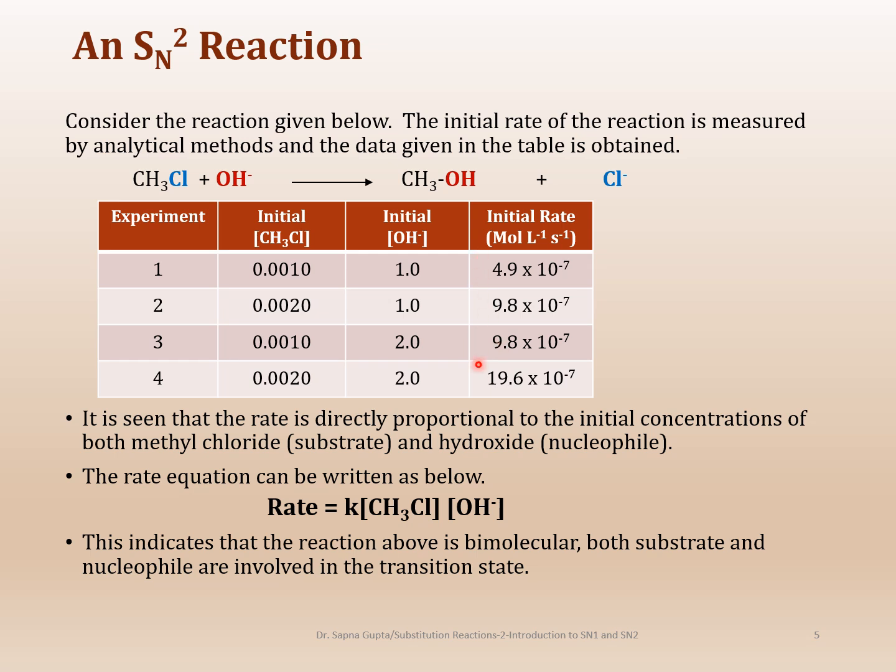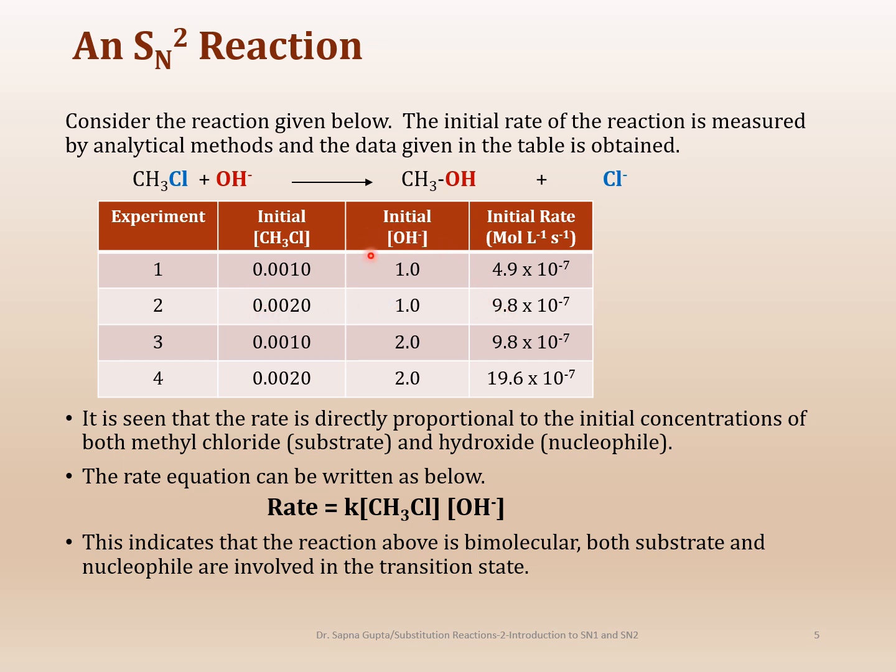So if it doubles when you double hydroxide, it means it is first order according to that. Then you can keep the hydroxide constant, which is right here, and change the concentration of the methyl chloride. Here it is doubled, and look what happened to the rate also: it doubled. So if you're doubling the substrate concentration, the rate is doubling.